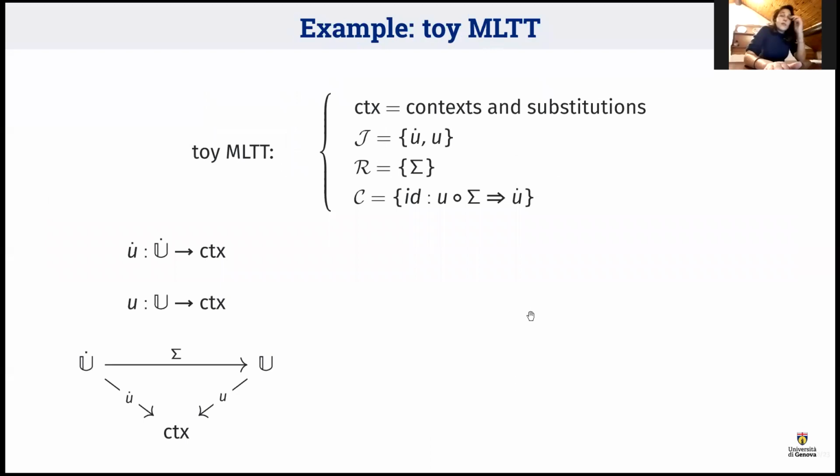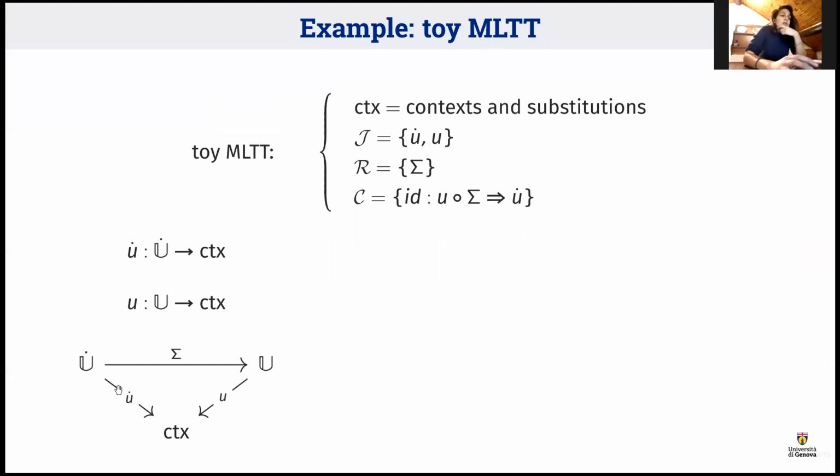Okay, so how do we interpret this? I want to look at a simple example with you, and that is what we called toy Martin-Löf type theory. So consider a category of contexts and substitutions, whatever your favorite category of contexts and substitutions for a type theory is, and then two functors u and u dot.